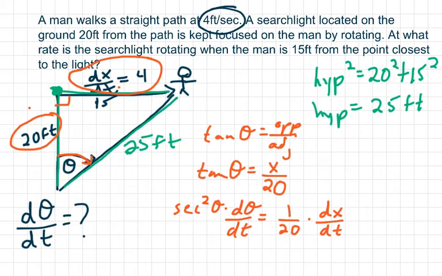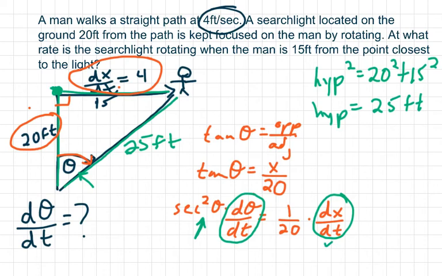We're looking for d theta over dt. Here, I'll circle that up. There it is. So the hardest part is doing theta here, but we'll see what we can come up with because we're going to have to substitute into theta. And right now, we don't really know what theta is, but we can find it. That's not a problem. And we do know what dx over dt is. That's all good. So we got that.